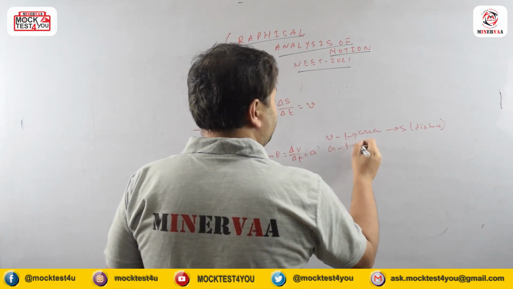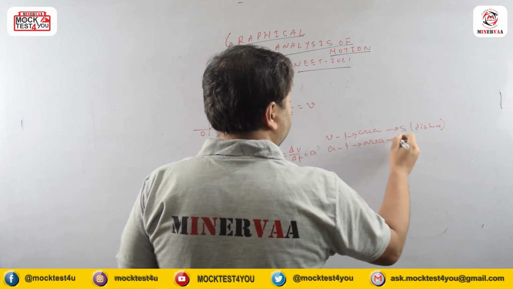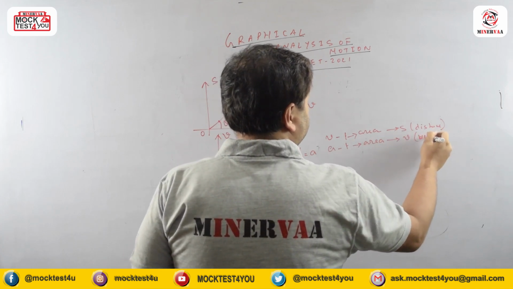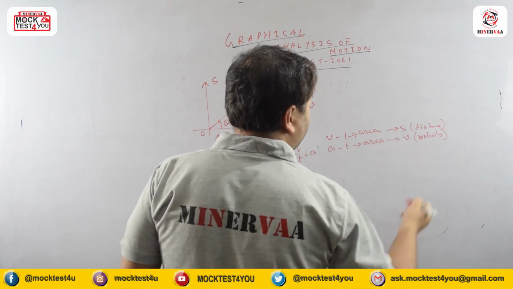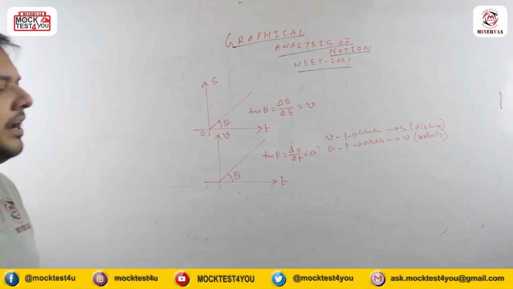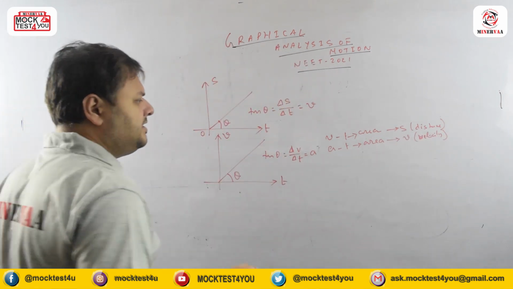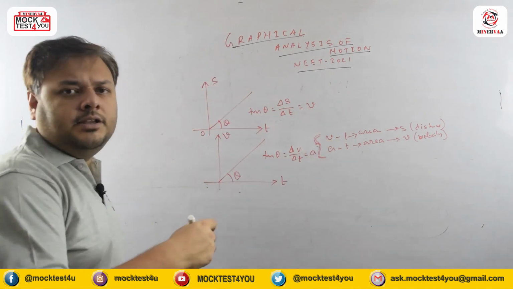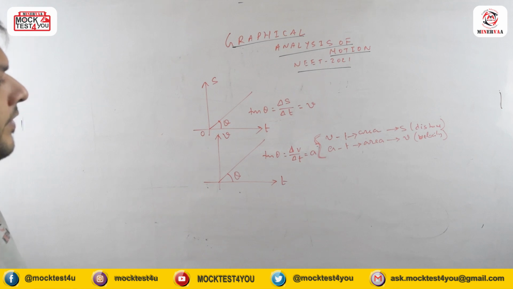And if it's an acceleration-time graph, if we find the total area under it, we'll get the velocity or the speed. So this we got theoretically in class 11, and we don't need to repeat this because we want to have its application in our detailed operation over here.